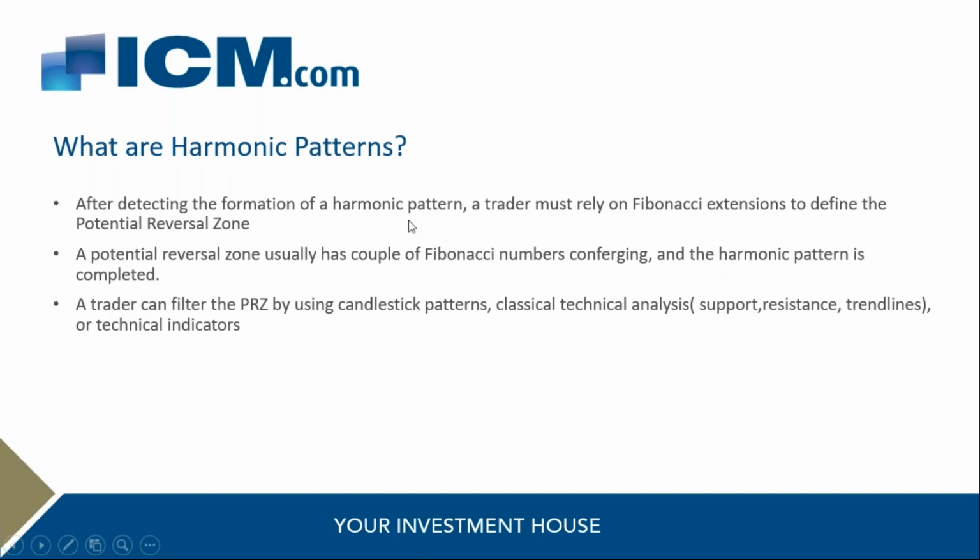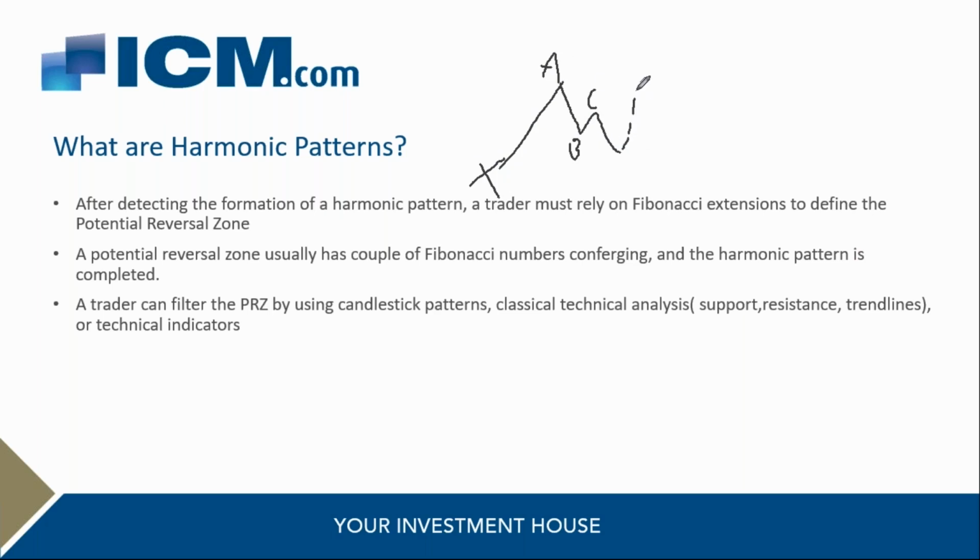After detecting the formation of a harmonic pattern, the trader must rely on Fibonacci extensions to define the potential reversal zone. The potential reversal zone is usually defined by a confluence between Fibonacci levels. So if we're talking about X, A, B, C, we're going to apply Fibonacci extensions from A to B, for example, or even a retracement of XA, to decide where point B could be the reversal point.